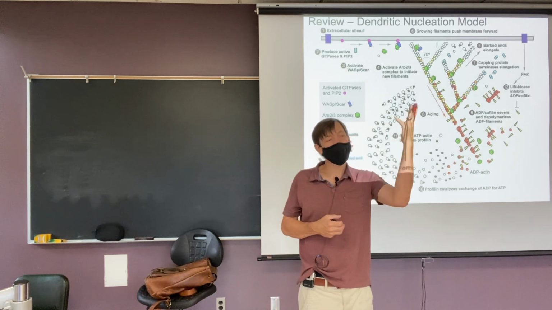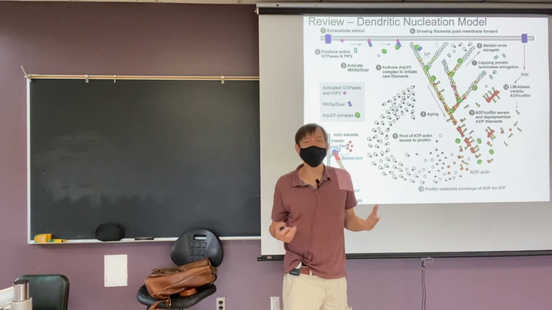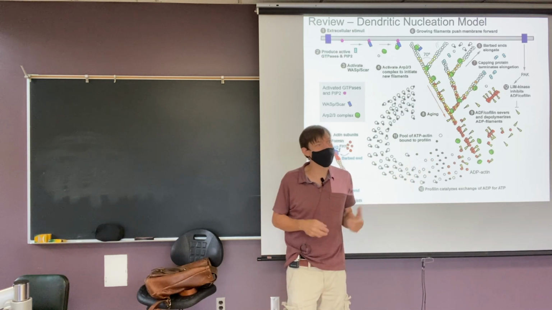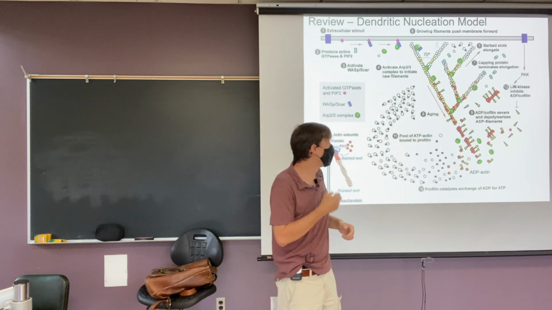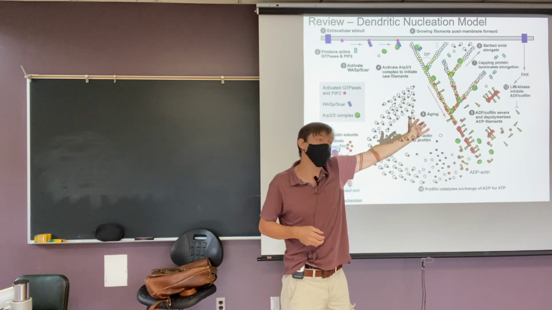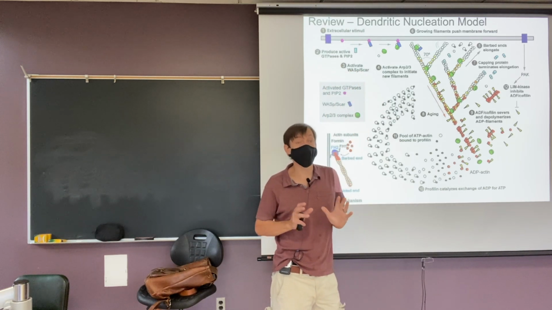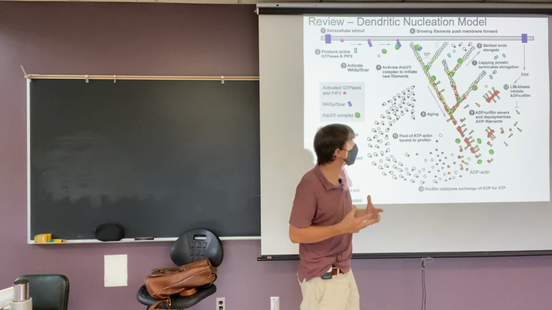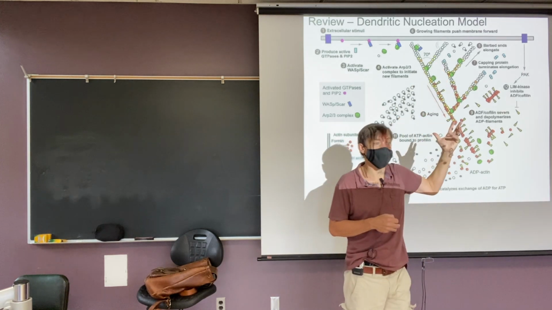It means branched or tree-like. So somebody looked at the dendrites, the extensions of neurons, and said, wow, it looks like trees extending out, we'll call them dendrites. So this is also called a dendritic nucleation model. It doesn't have anything at all to do with dendrites and neurons. What it's referring to is that when you have these branched structures, it looks like a tree.